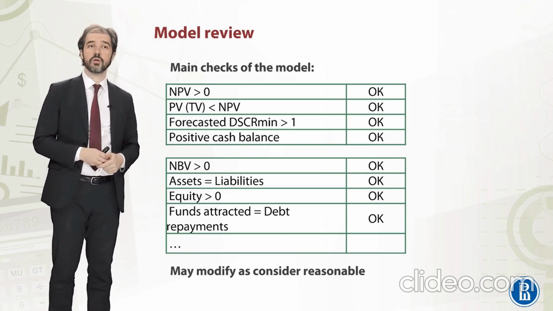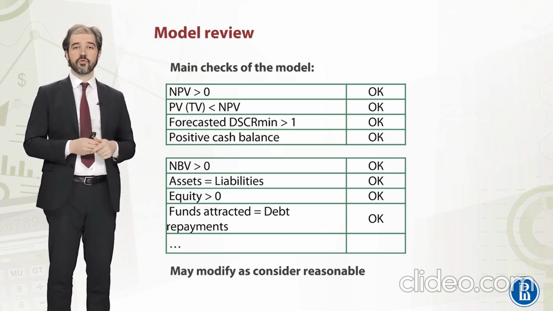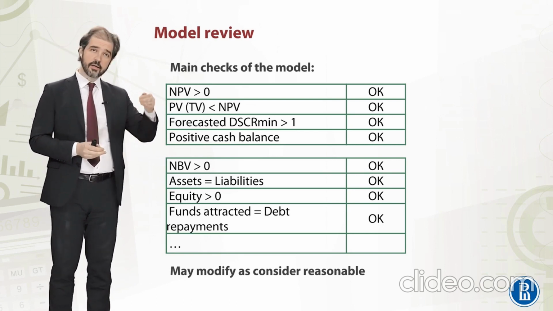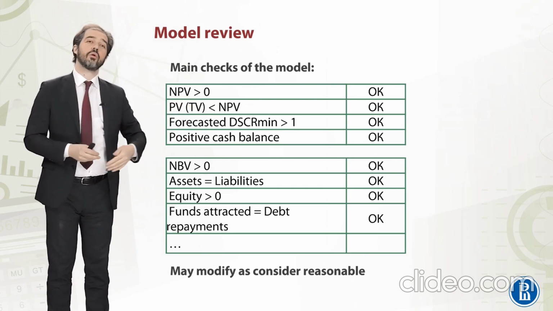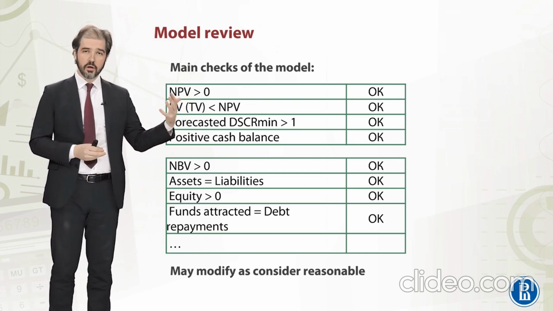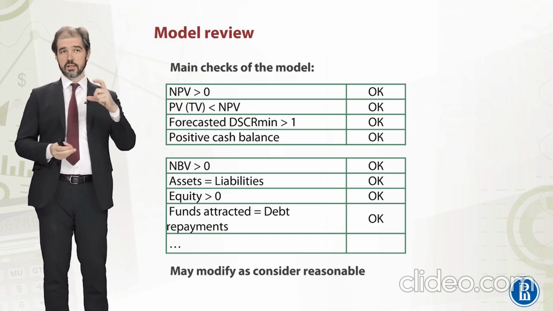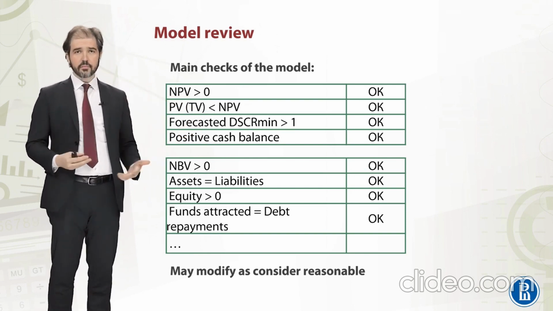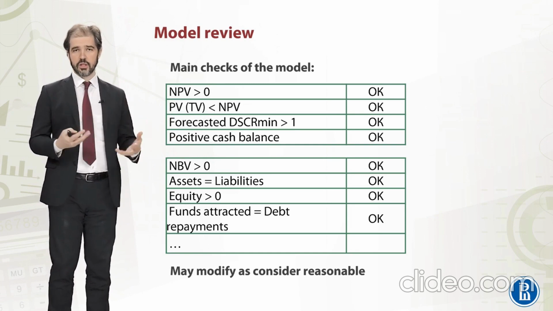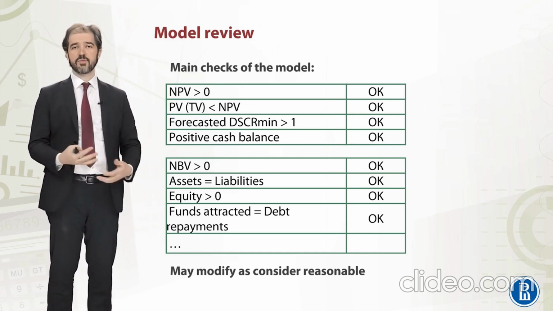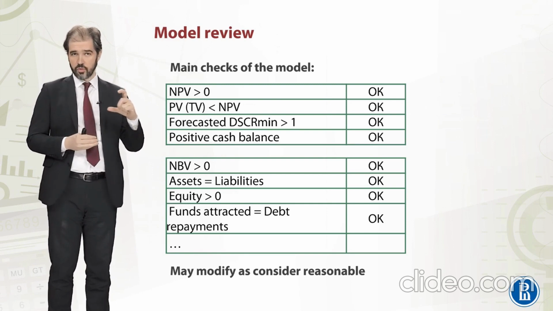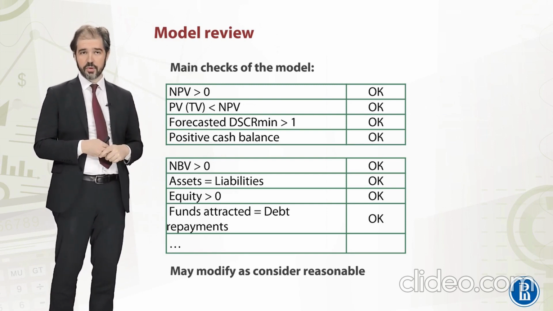This is also important, particularly in project finance, and by the way, in business valuation, you need to check that your cash balance in all your periods is more than 0 and probably more than some target cash balance you need to have to properly deal with your operations, investment activities, and financial activities. Yes, you need to have some minimum cash balance just to operate your business.